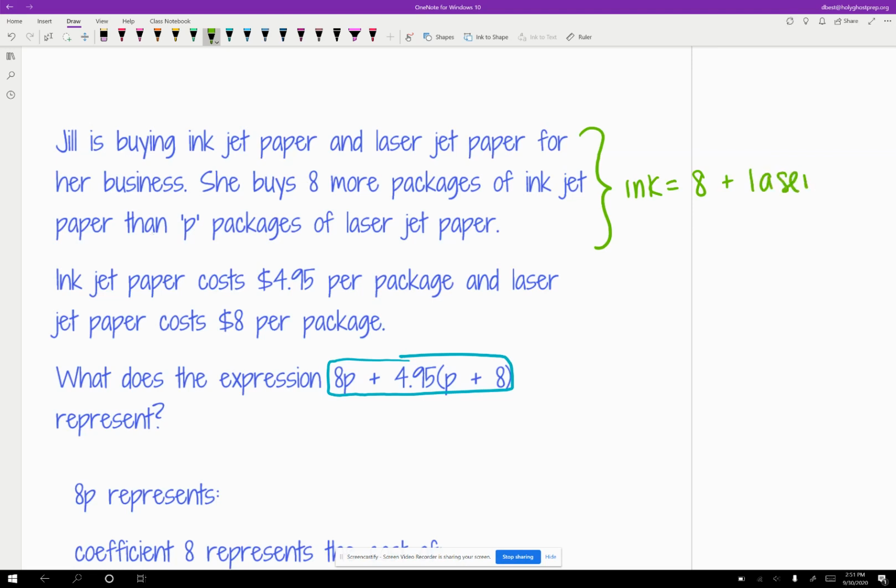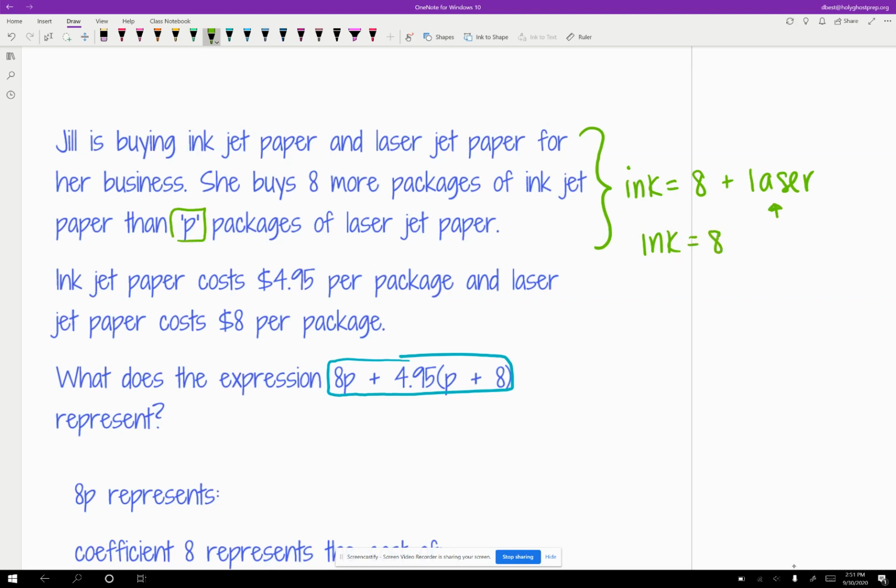And this is what is worth writing down in your notes, that my ink packages is equal to 8 plus the laser packages. I also know that instead of the laser packages, I'm going to replace that with my variable P because that's what the directions tell me to use.